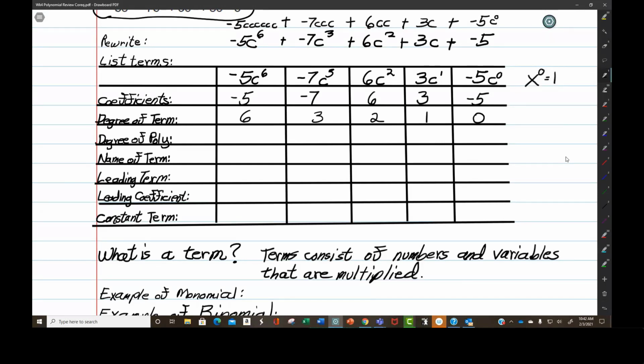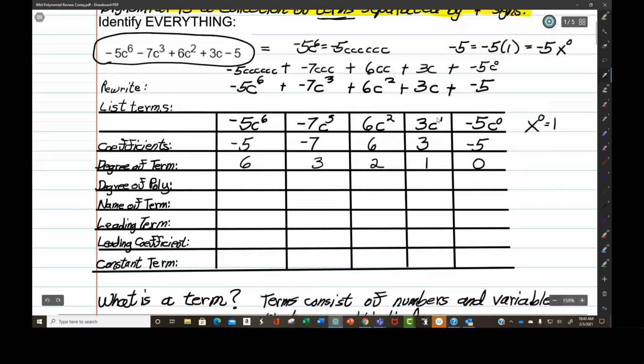Now, the degree of the polynomial. Well, the degree of this polynomial, we don't need all these boxes for that question. The degree of this polynomial is the highest degree, 6.